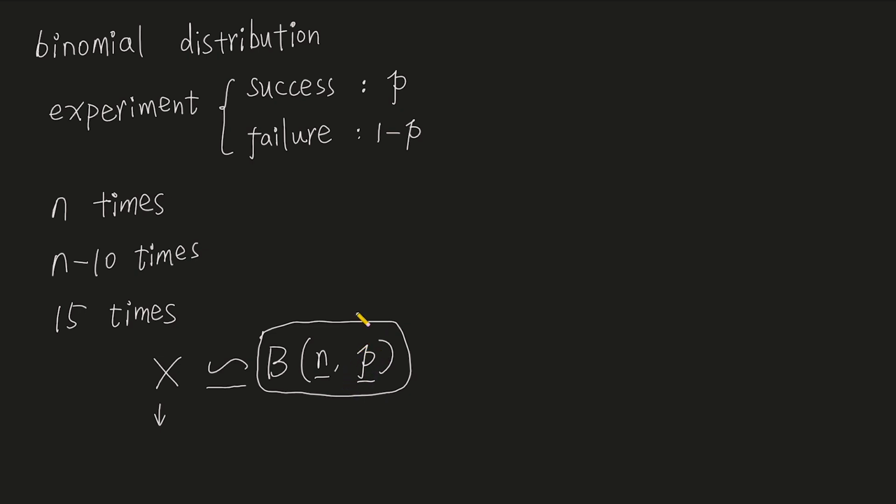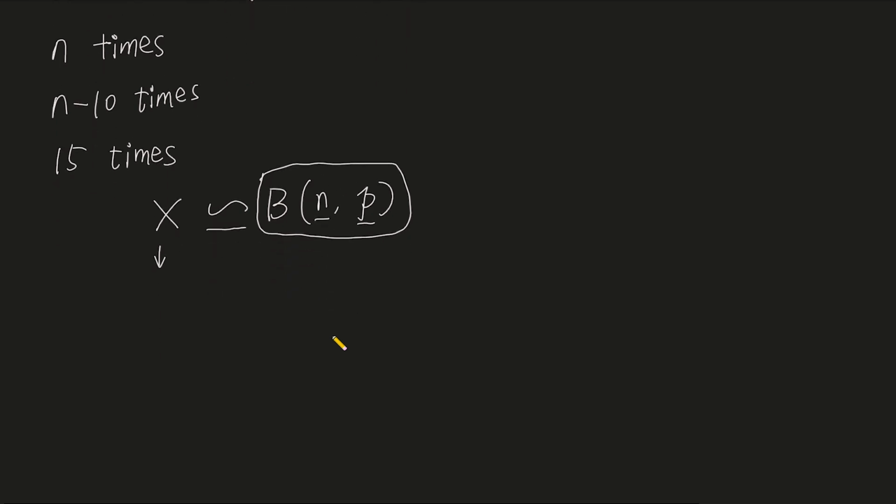But what are the details of the binomial distribution? What are its possible values, and what are the probabilities for each possible value? We can infer that the possible values can be 0, because in the n experiments, it's possible that no experiment is a success.